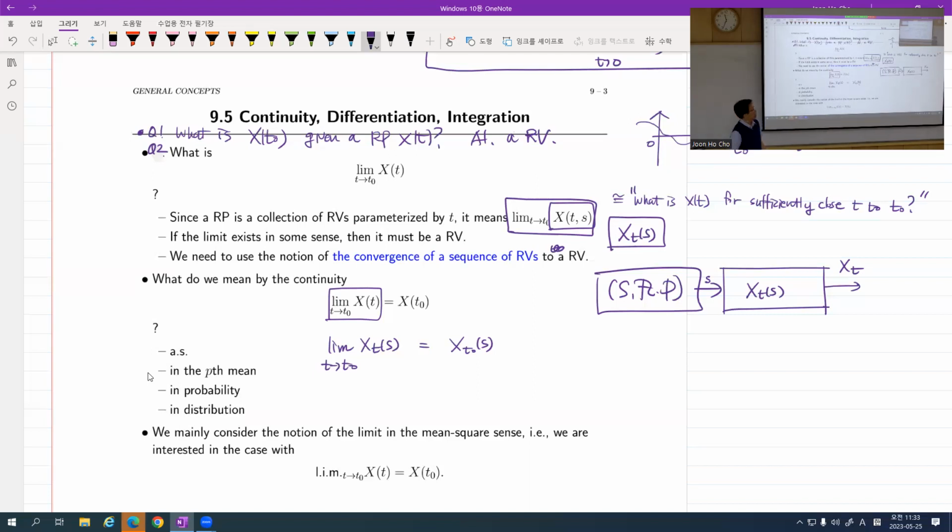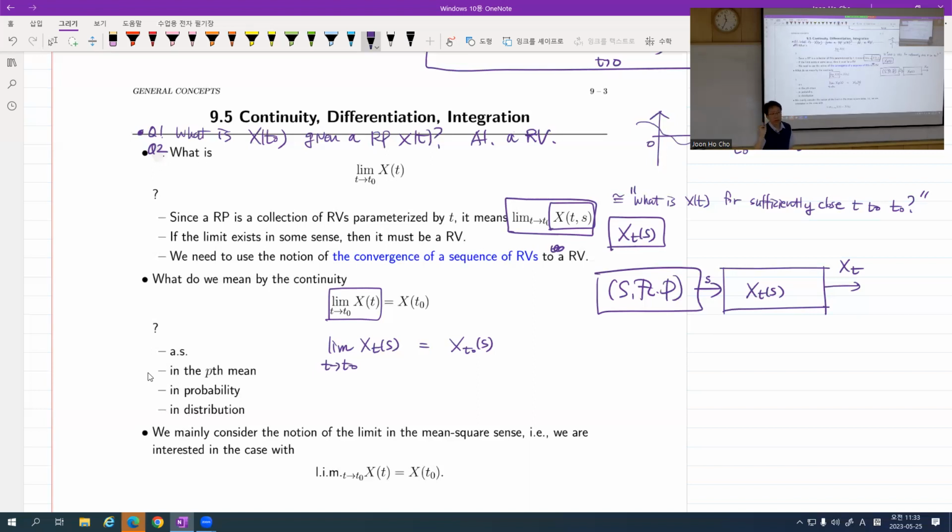But one good thing is this. If this exists, then you can choose any sequence of t that converges to t0, not necessarily equal to t0, and you can construct a sequence.